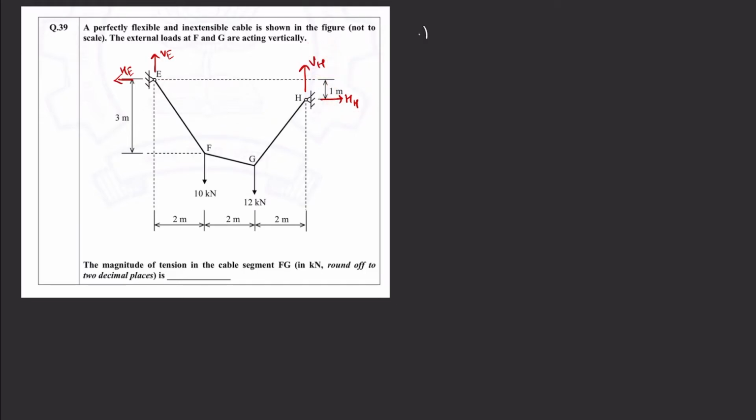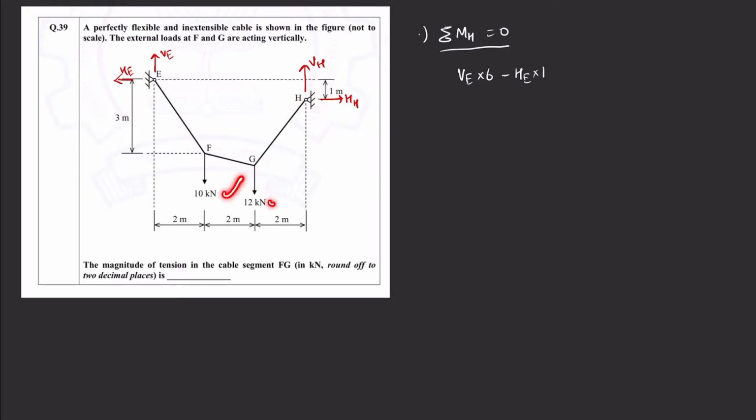So we'll use one of the equilibrium equations, summation of MH equals 0. We are taking moment about the point H. So what will it give? It will give a clockwise moment VE times 6, and this horizontal reaction will also give a moment which is anti-clockwise about the point H with a perpendicular distance of 1 meter, so it will be minus HE times 1.